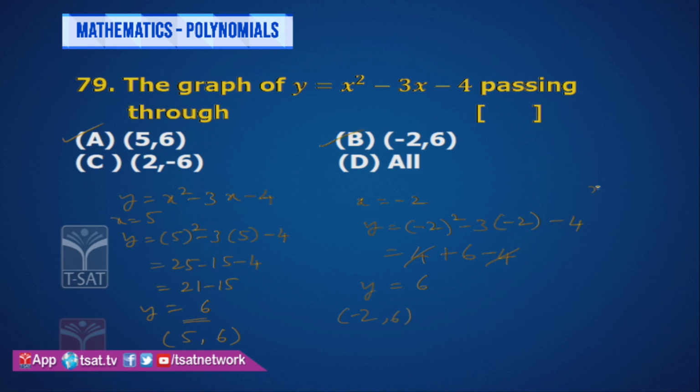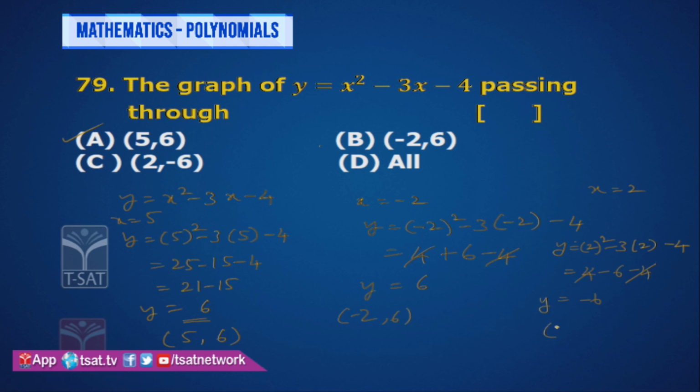Then you take x equals 2, substitute in this: y equals 2 squared minus 3 into 2 minus 4. What will you get? 2 squared means 4, minus into plus is minus, 3 twos are 6, minus 4 plus minus 4 gets cancelled. Y you are getting as minus 6.